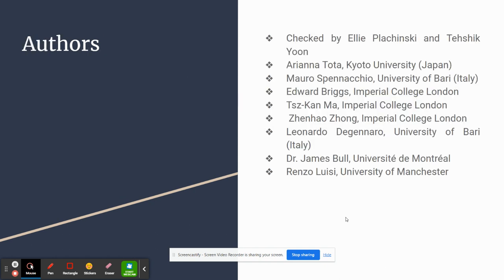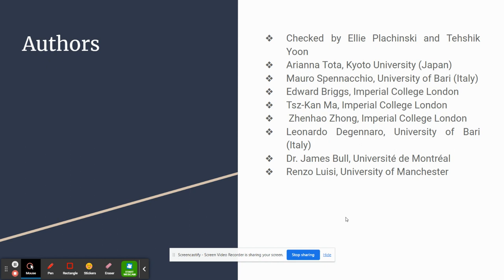So the authors, the first bullet point is Ellie and Yoon. They checked the paper after, and all these people performed the reaction at the corresponding university next to their names. Ariana performed it at Kyoto University.